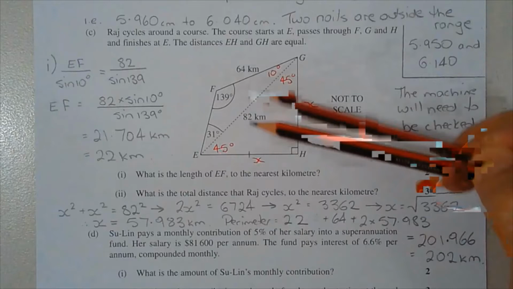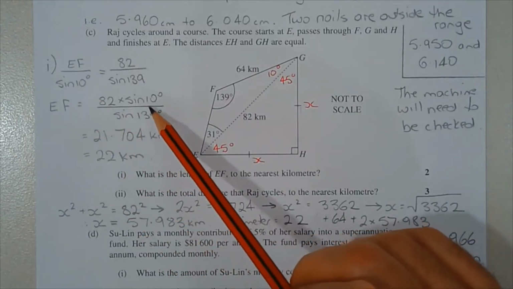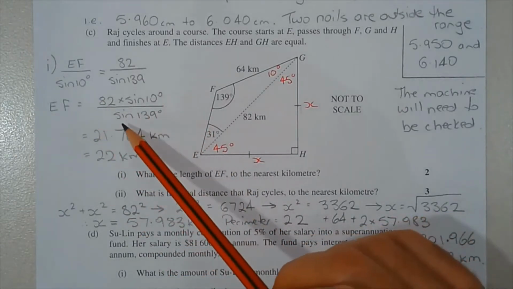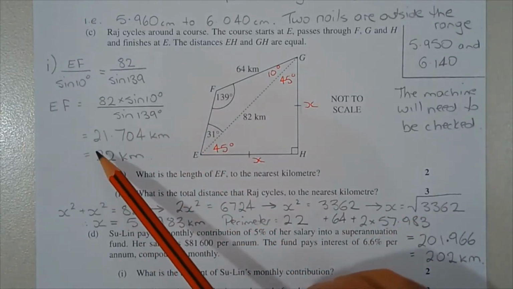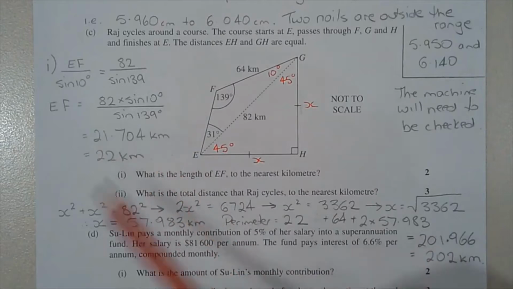So EF over sine 10 degrees is equal to 82 over sine 139 degrees. Making EF the subject, multiplying both sides by sine of 10 degrees, EF is equal to 82 multiplied by sine of 10 degrees over sine of 139 degrees, and that equals 21.704 kilometres. Rounded to the nearest kilometre, that's equal to 22 kilometres.